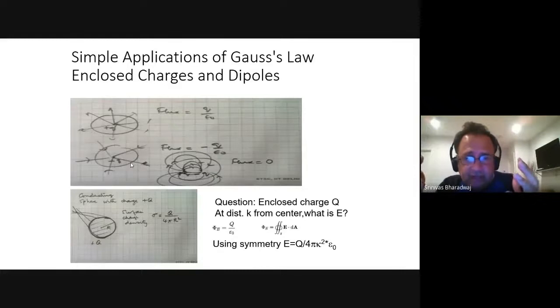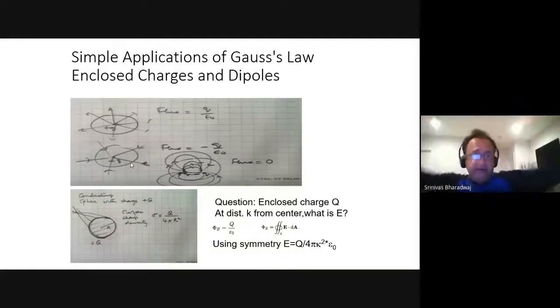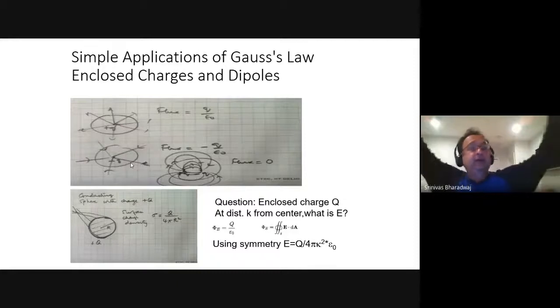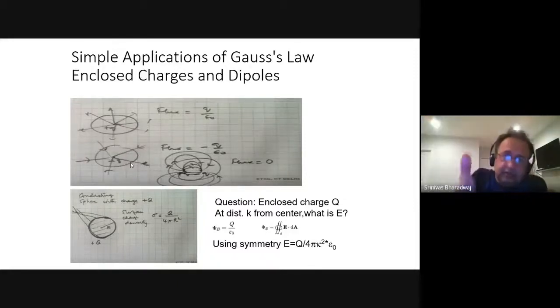The electric field is Q by 4 pi epsilon naught r square. Because the sphere is bigger and bigger, if you draw a bigger sphere, the corresponding surface area is 4 pi r square. The charge enclosed is fixed. There is only Q on the inside.